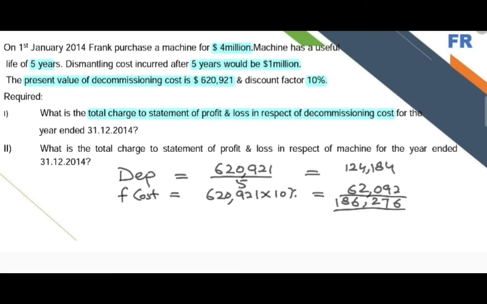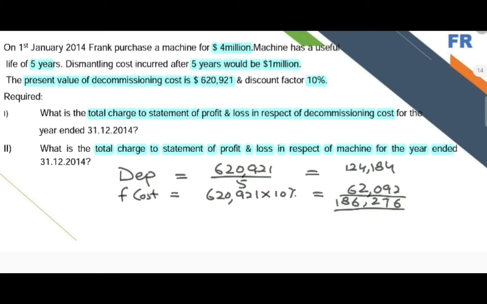1,86,276. The next question is, what is the total charge to statement of profit and loss in respect of the machine for the year ended 31st December 2014? So it will be the depreciation cost that should be added to this, and the total cost would be recorded in the statement of profit and loss in respect of the machine.